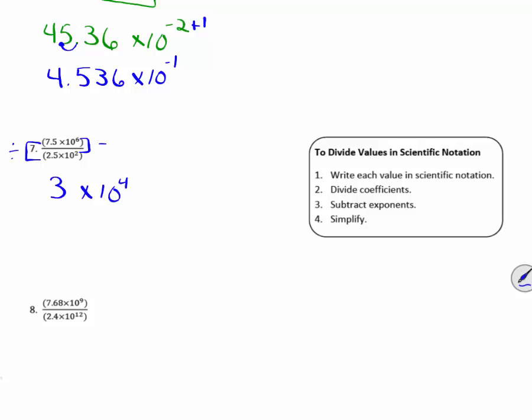For number 8, we have 7.68 divided by 2.4. Right, we're dividing, subtracting. So that's going to give me 3.2 times 10. 9 minus 12 is negative 3. It's correct scientific notation because this is between 1 and 9.9.